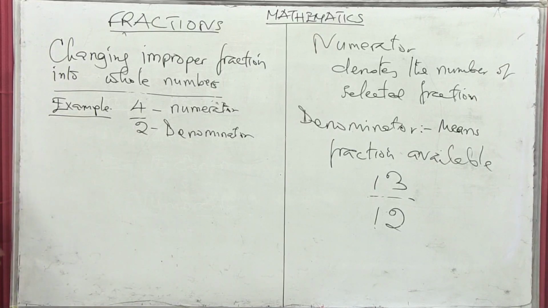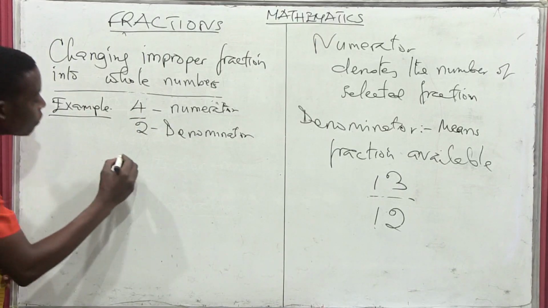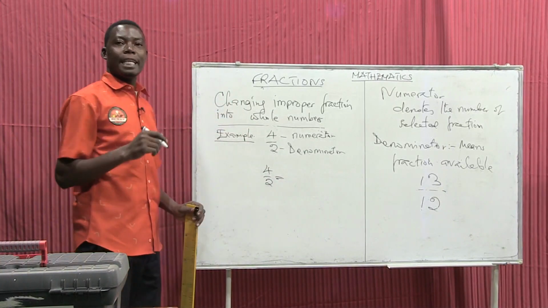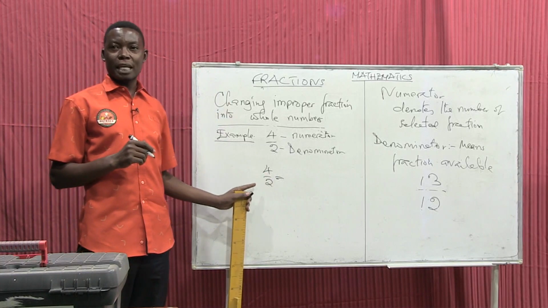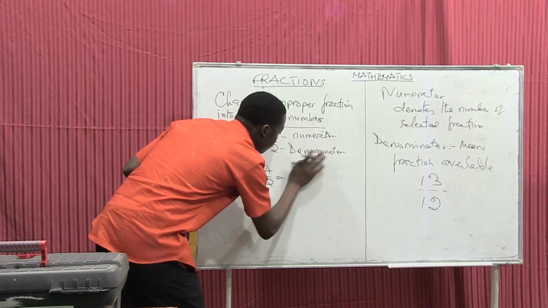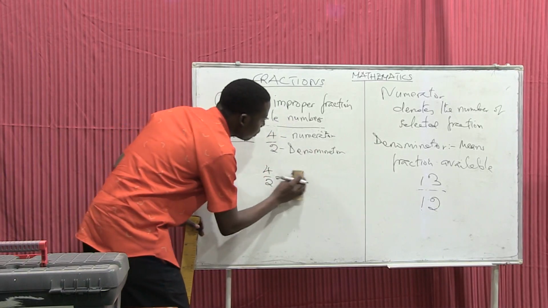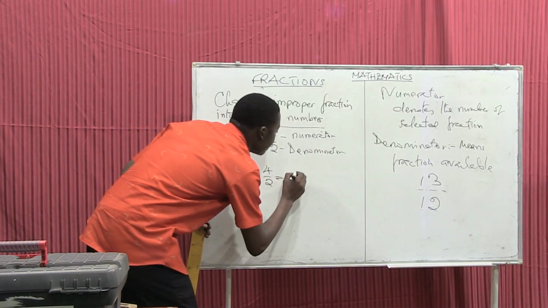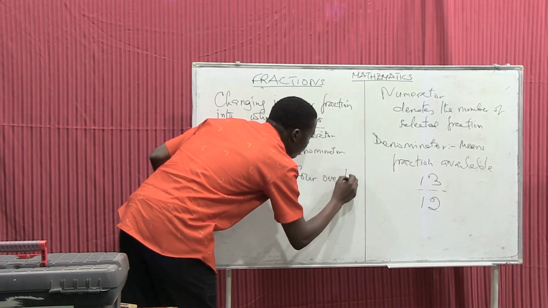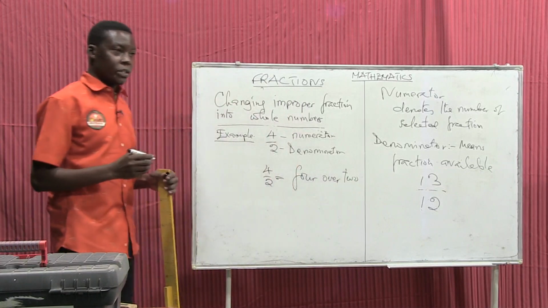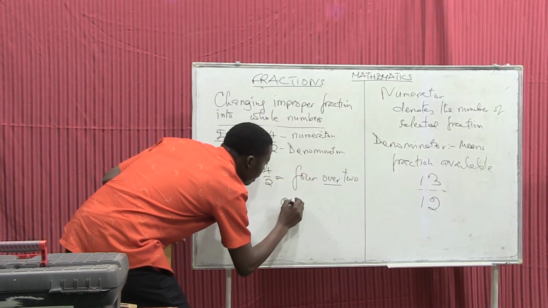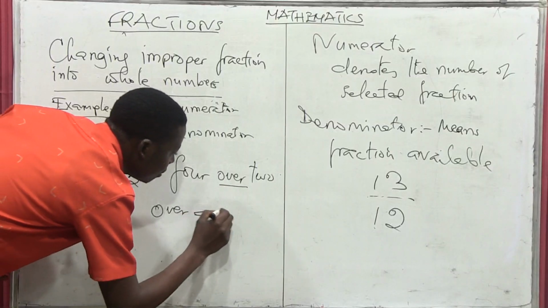How to change this one? This is called 4 over 2. Remember the time we learned how to write a fraction in words. This is read as 4 over 2. The word over means divide.